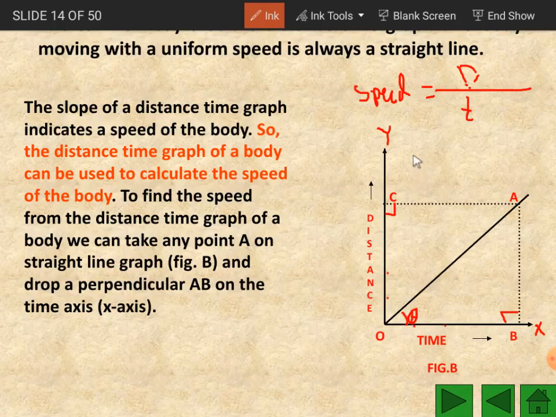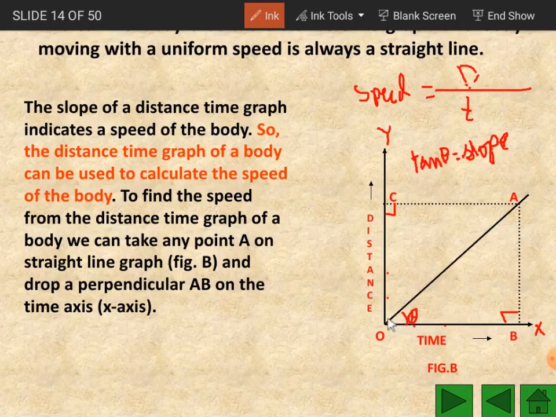This tangent of theta, which we call slope, is nothing but how slanted this graph is with respect to the x-axis.